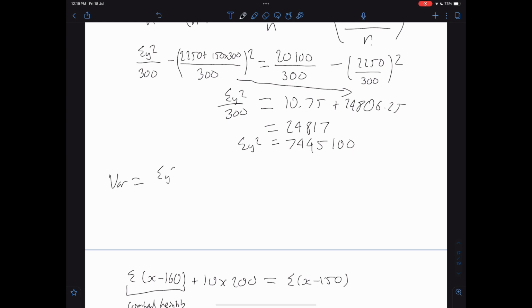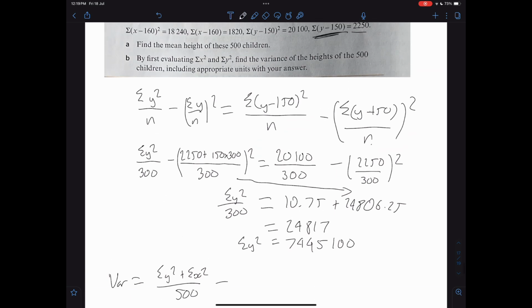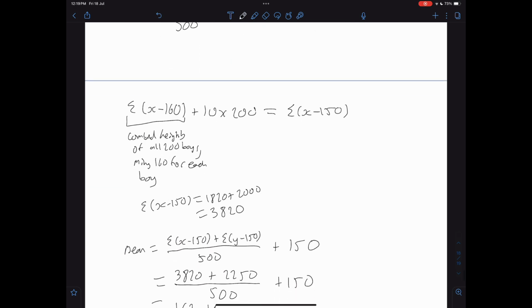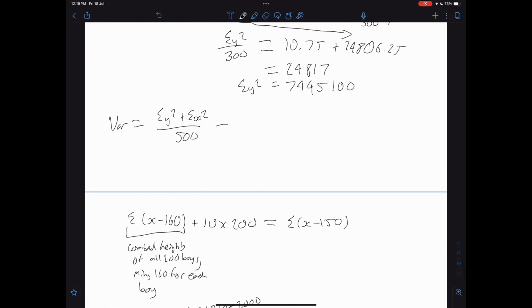So now we'll find our variance again. It's going to be the sum of y squared plus the sum of x squared divided by 500 minus, well, our mean, which we already have, just down here, minus, well, we'll write it out in a formula first.